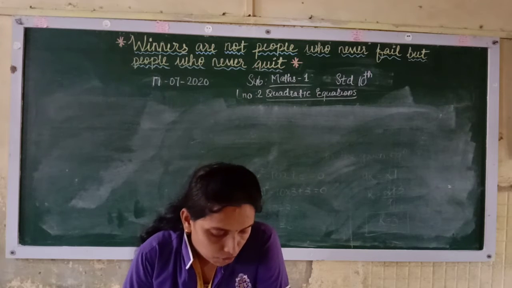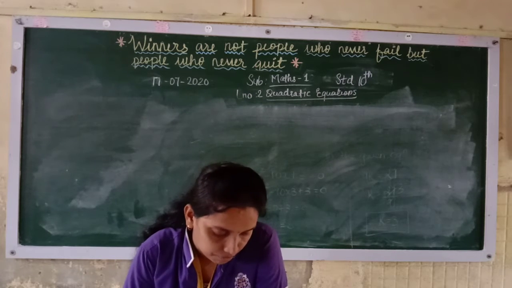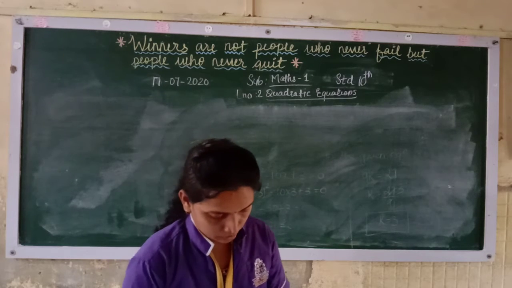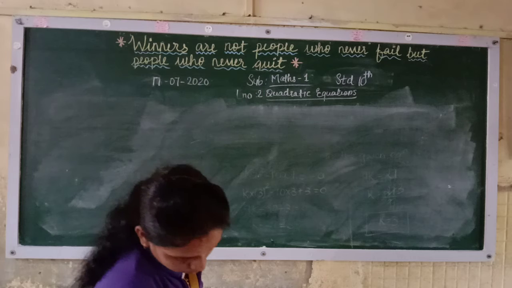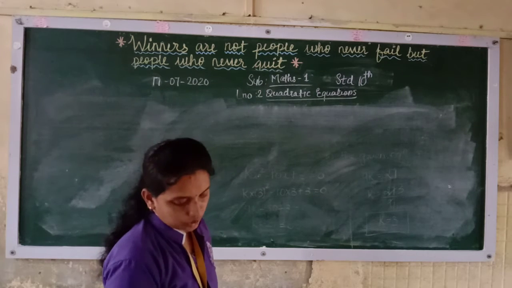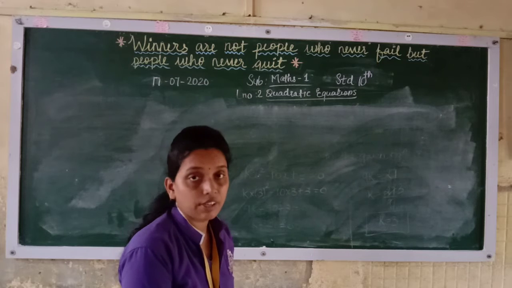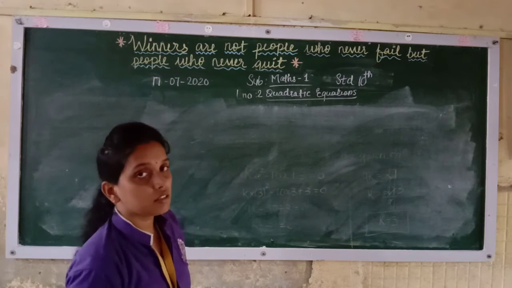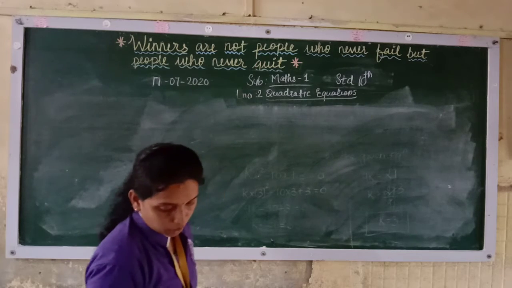Now see what you will do over here. Dash is the root of the quadratic equation, so there it will come minus 7 upon 5. Then you will put the value as m is equal to minus 7 upon 5.